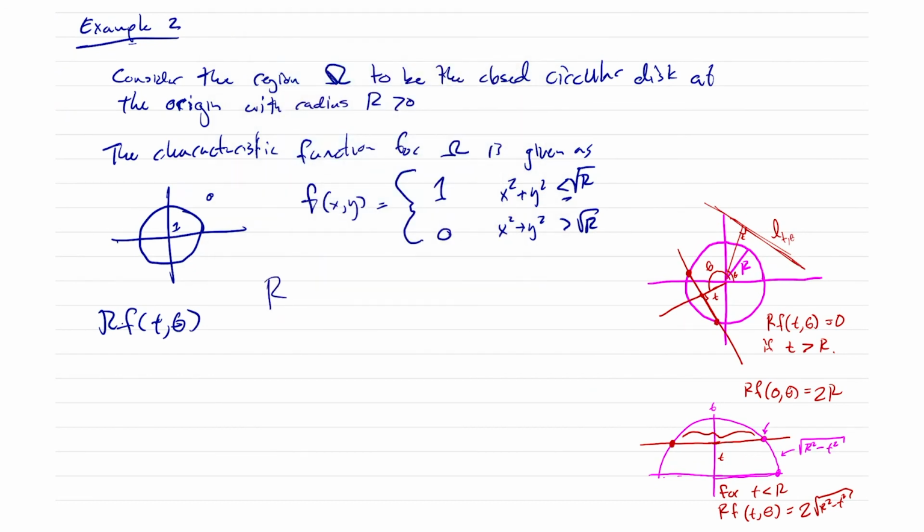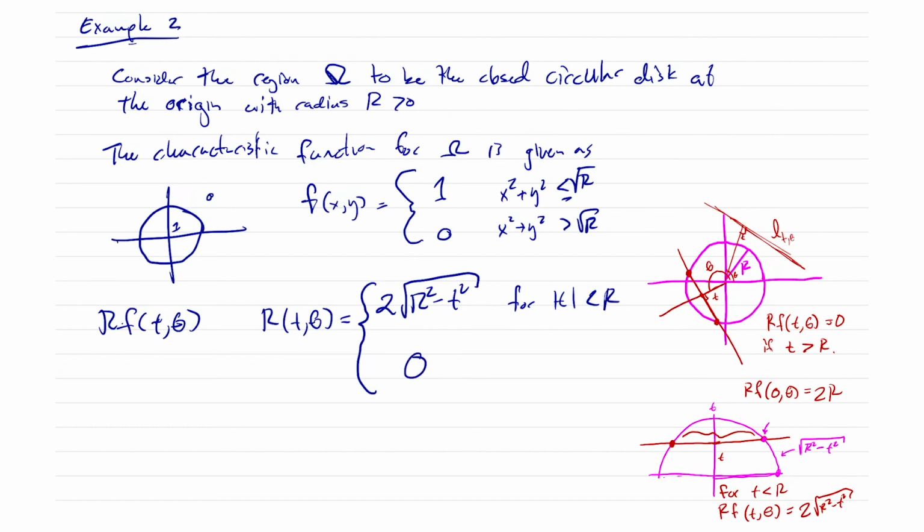So basically now we get r of t comma theta is equal to 2 times the square root of r squared minus t squared for t less than r, and it's going to be 0 for t bigger than r.